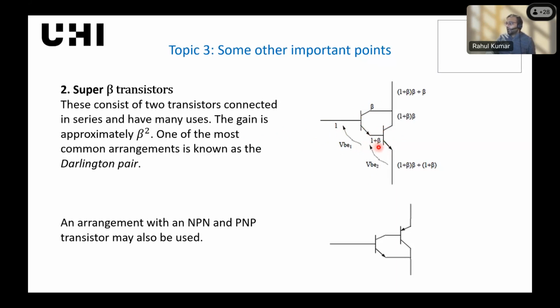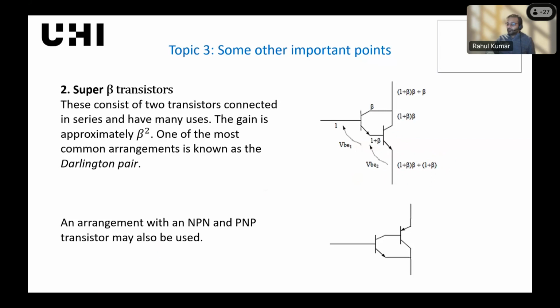Now, ideally, the input current is higher, so you should have a different type of transistor. But just for discussion, say the second transistor also has the same current gain beta. In that case, you would get something like 1 plus beta times beta plus 1 plus beta.